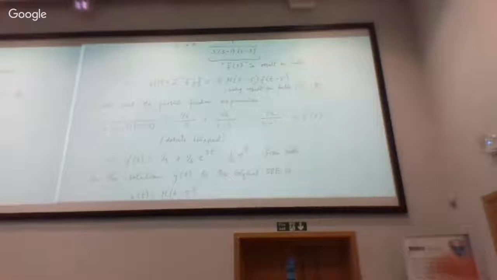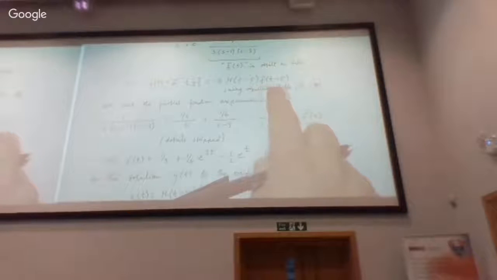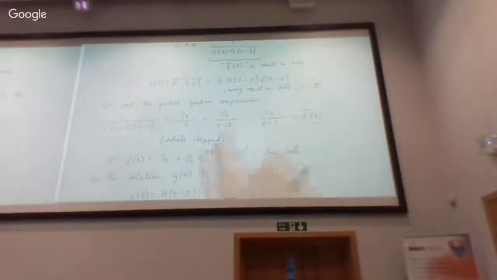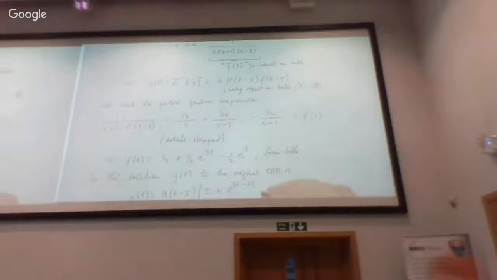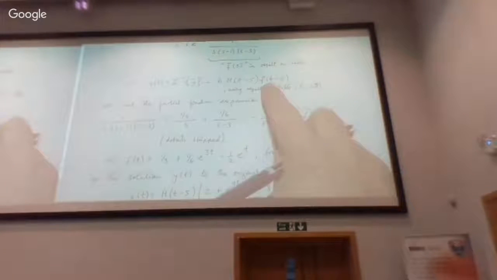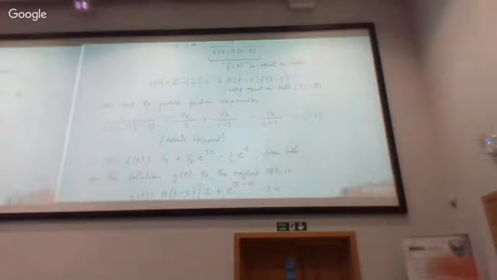So when you multiply through that 6, you're going to get coefficient 2 plus exponential. Now, exponential of what? It's exponential of f evaluated at t minus 5, not t. So it's e to the 3t minus 15. And then minus 1/2, but I'm multiplying by 6, so that would be minus 3 times the exponential of t minus 5.